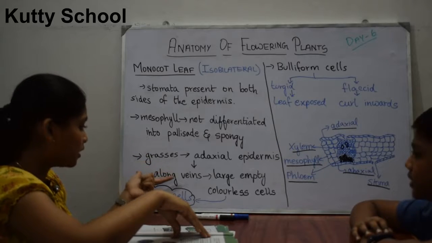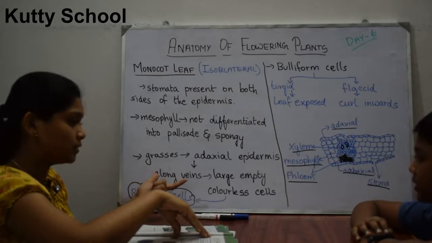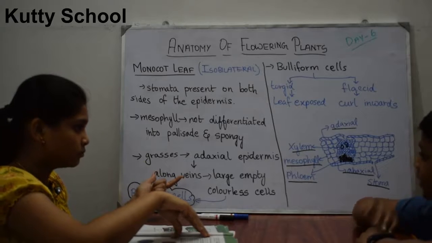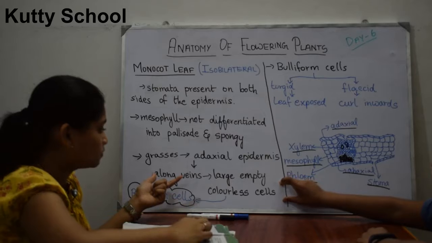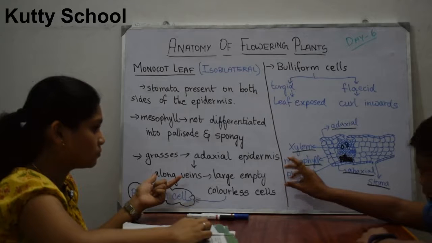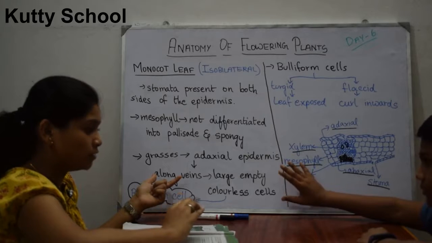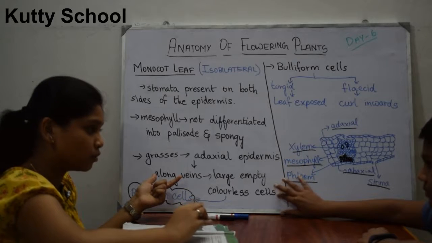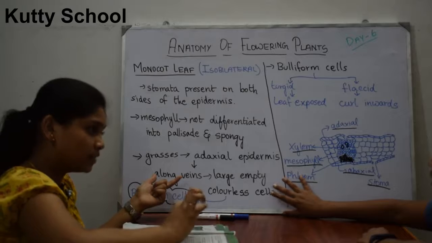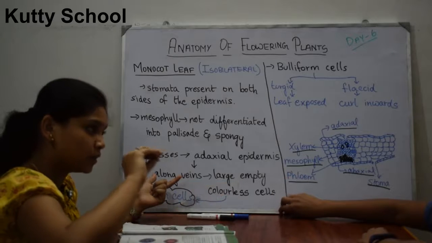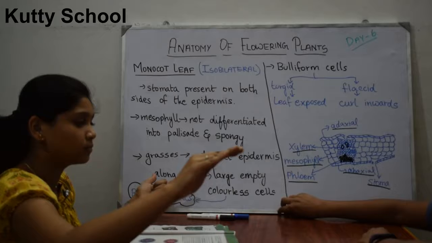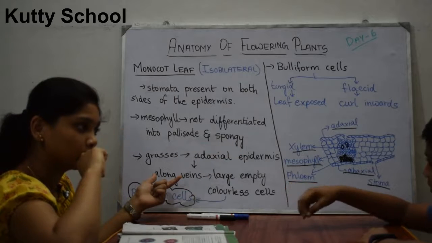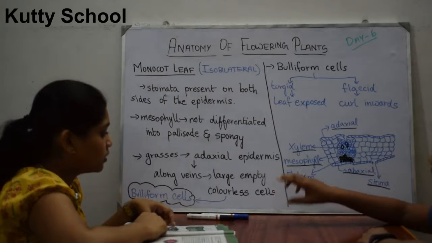Along the veins, large empty colorless cells are present. Grasses are an example of a monocot leaf, so in grasses the upper epidermis has some colorless cells along the veins.